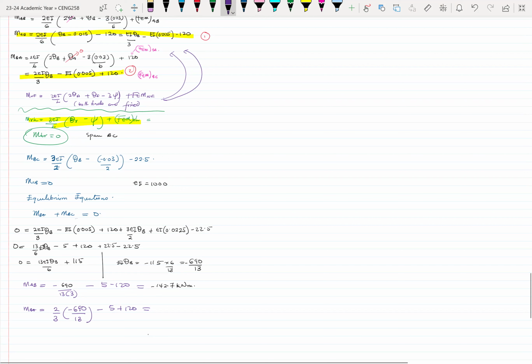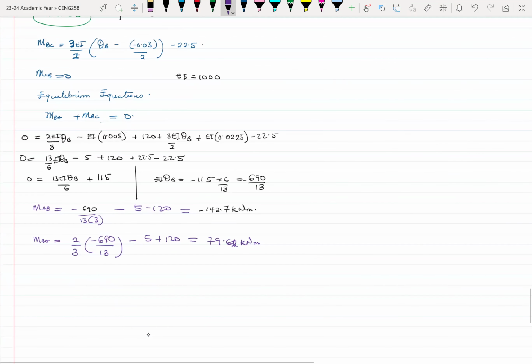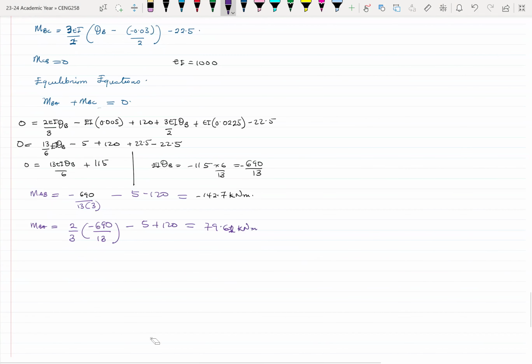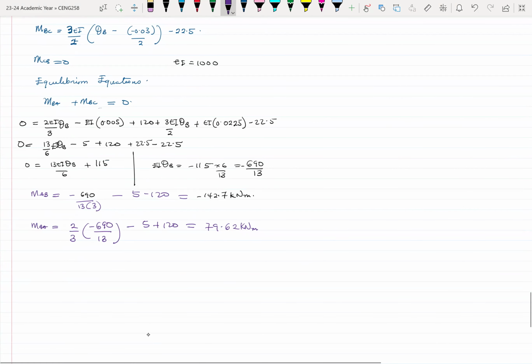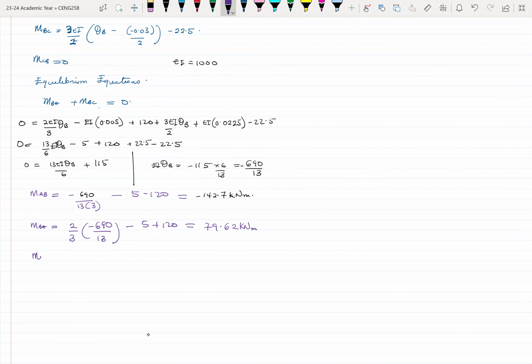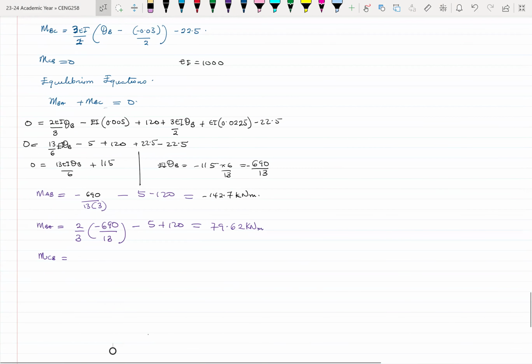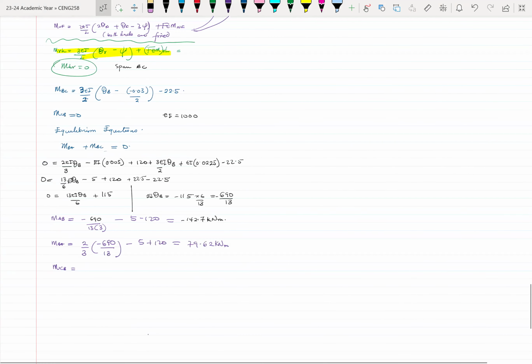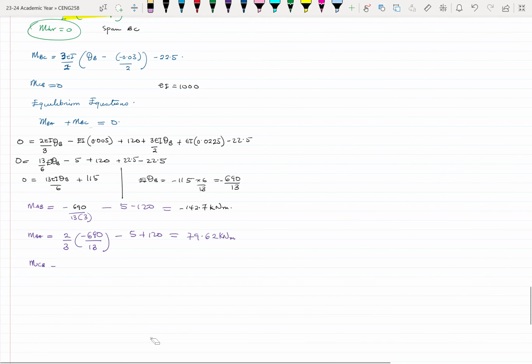All right, so that will give us what? So plus 115, I believe. So that will give us 79.61 or 62, right? It's just like what we had earlier. So let me just correct it. 79.62 kilonewton meter. All right. So our MBC, because our MCB is 0 anyway.